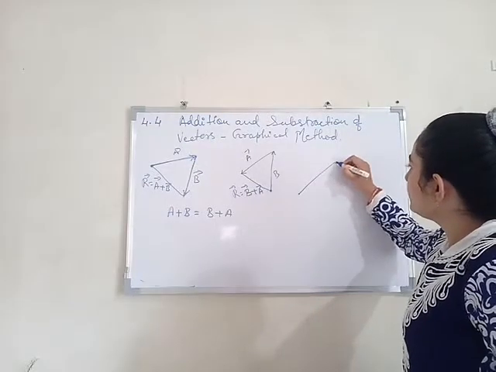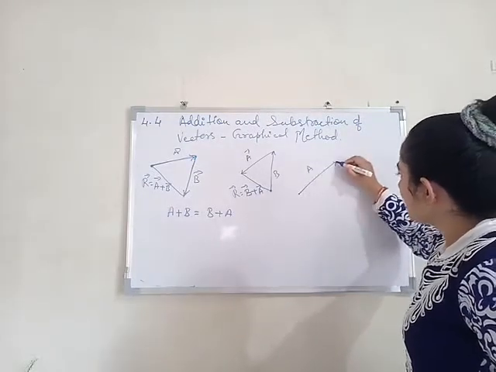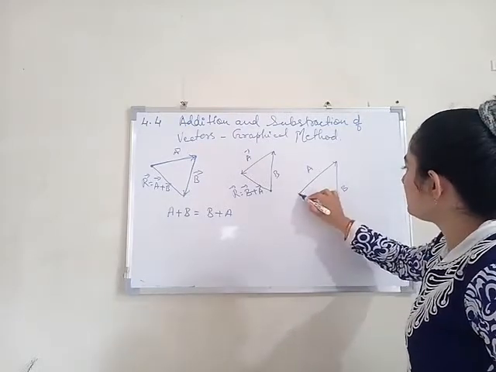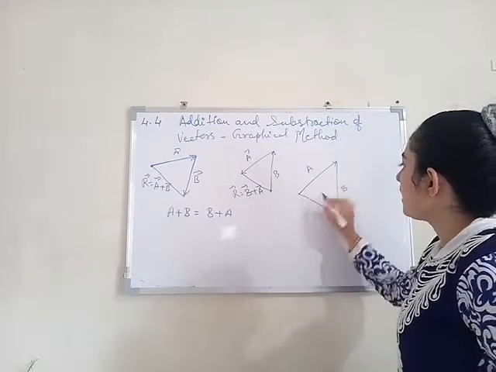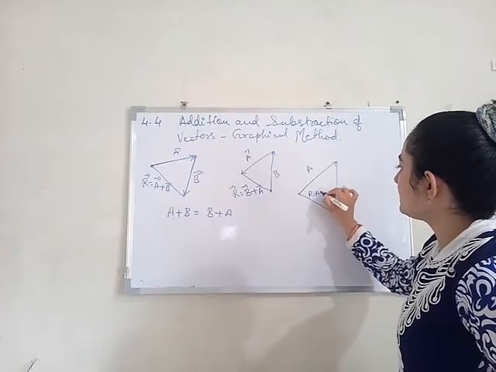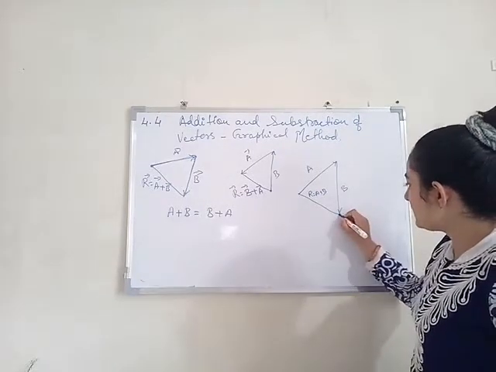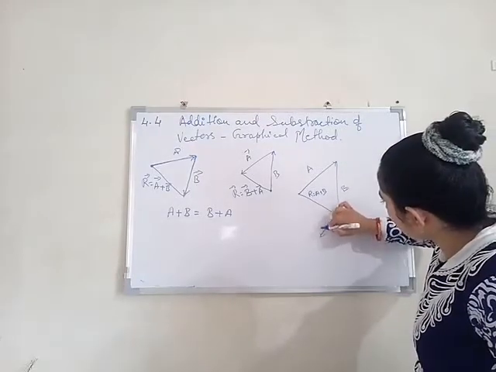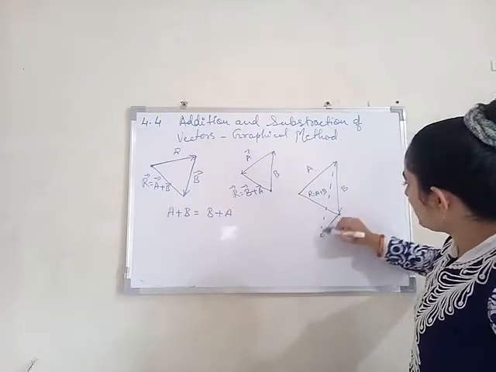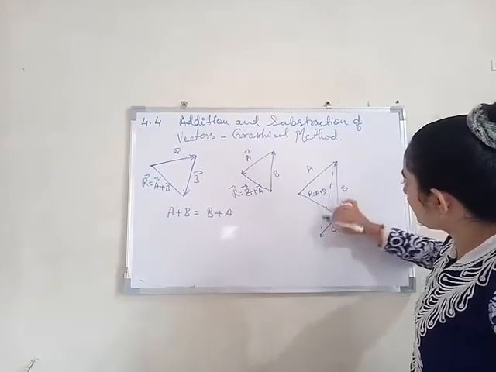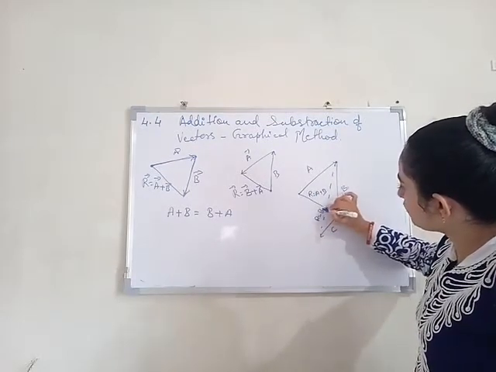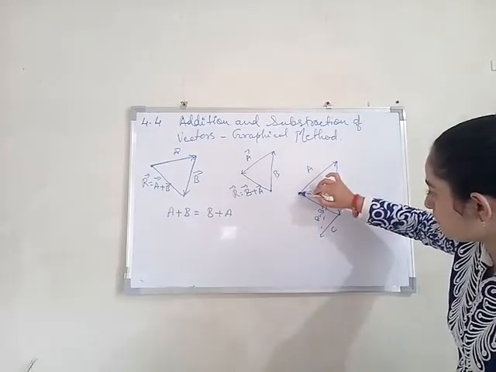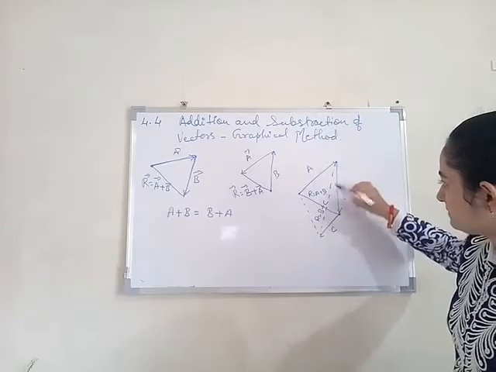Here we have vector A and vector B. So this resultant will be R equals A plus B. Now consider vector C. If we draw this line, this is going away, so the resultant will be B plus C. Now consider these two resultant vectors.